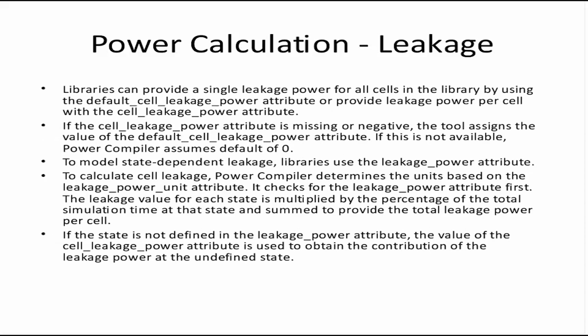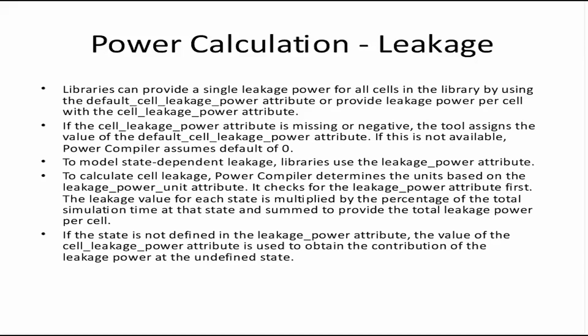Libraries can provide a single leakage power for all cells in the library by using the default cell leakage power attribute. A very rudimentary, first-cut library may have a default cell leakage power attribute, which applies to all the cells in the design, unless you want to go more specific, which is usually the case, because a 2-input AND gate will probably have less leakage than a 3-input NAND gate.